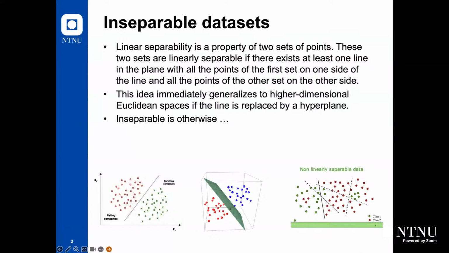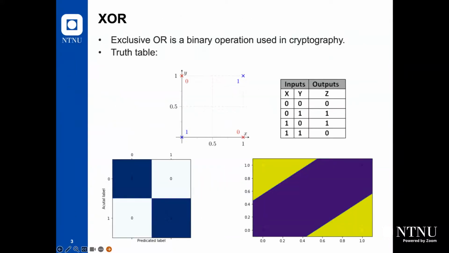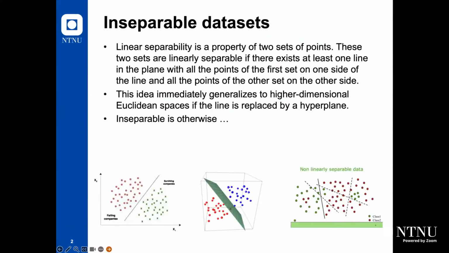In this case, we can use a linear model. But if your data set has higher dimensionality and the classes overlap, it's not possible to use a linear model to separate them. In this case, we need to work a little bit with the data and try to make it separable.